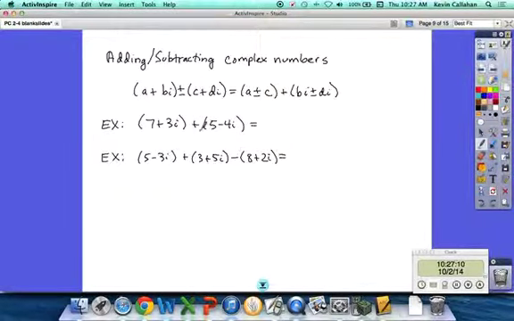What do you get? 7 plus 5 equals, come on, 12. Add the imaginary parts. 3i minus 4i, or plus a negative, negative i.